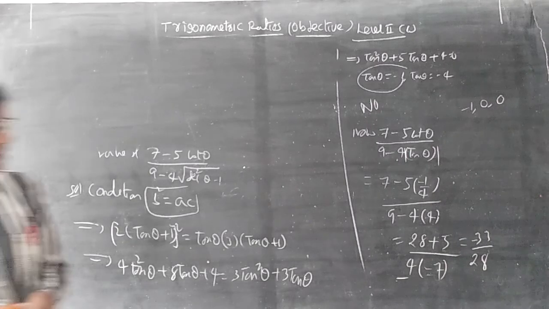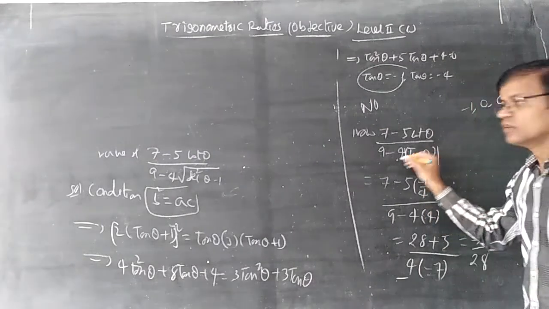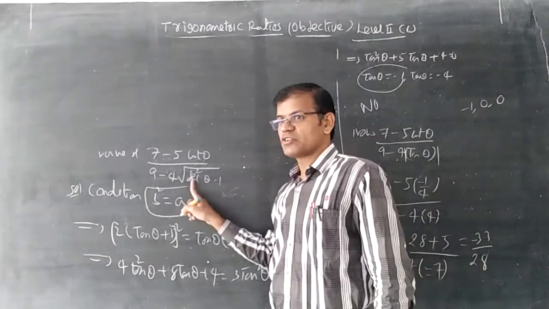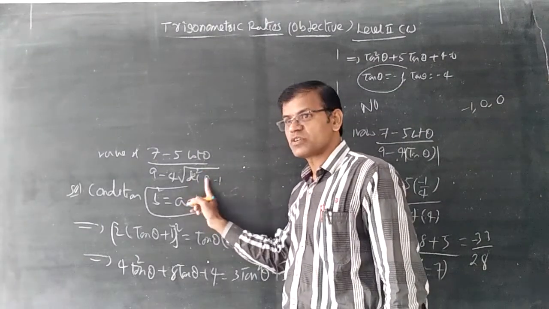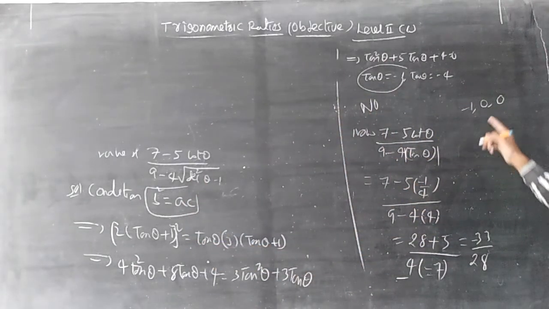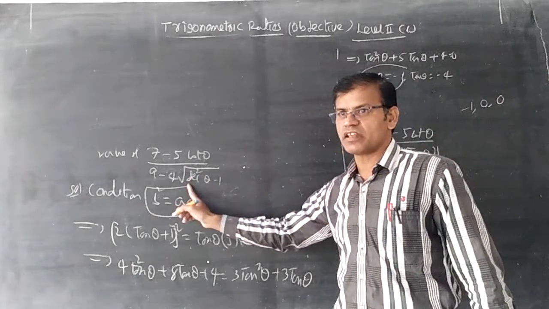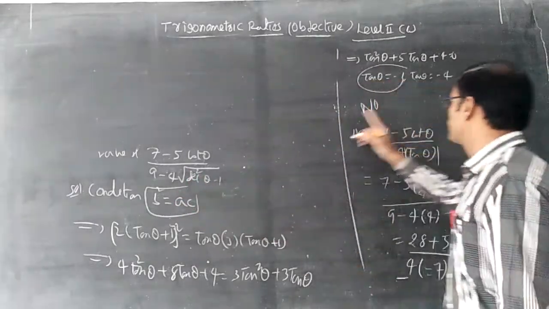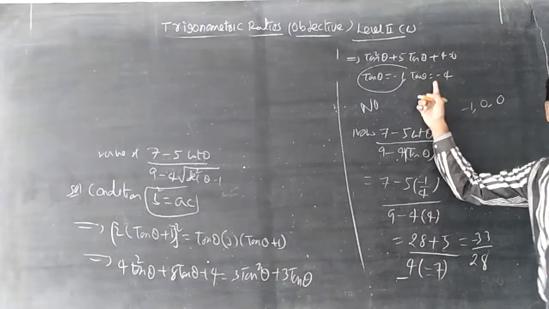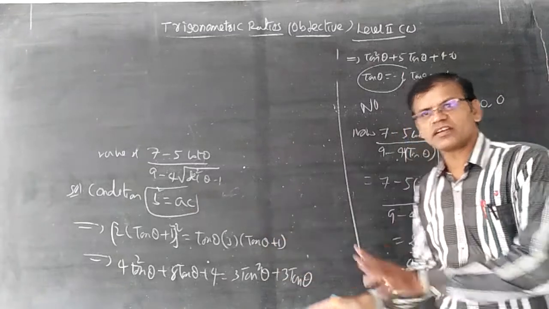100 is not possible because you have taken minus 4. I am discussing that modulus value. Root of, like this you should write directly, you should not take tan theta. Root of secant square theta minus 1. What becomes secant square theta?